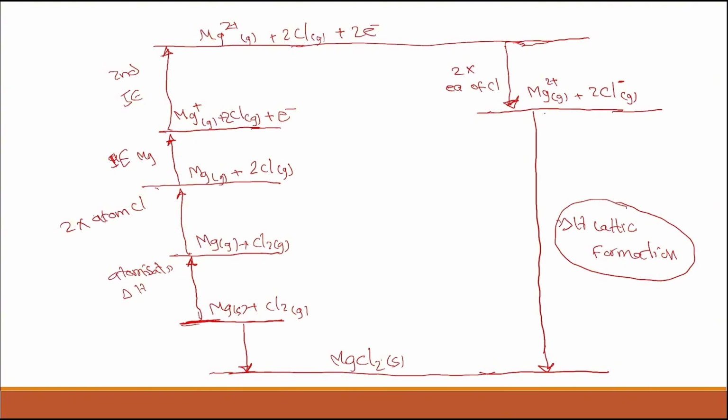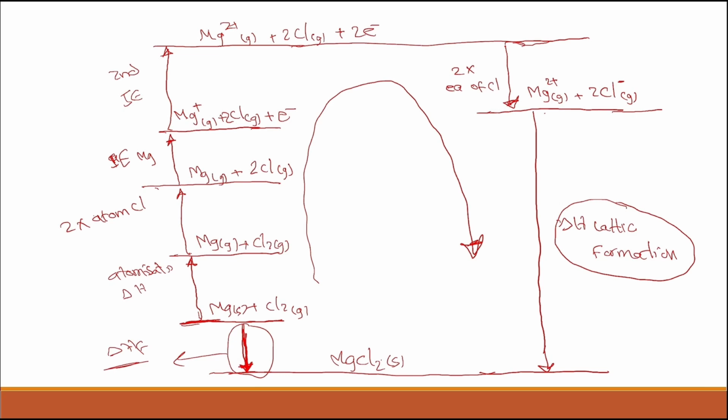The first route will be only the enthalpy of formation, because this is the only one that goes in this direction. All the other arrows go in one direction, as you can see, this way, so they are in the opposite direction. This is the enthalpy of formation, so this is going to be route 1. All the other ones we add together will be route 2.